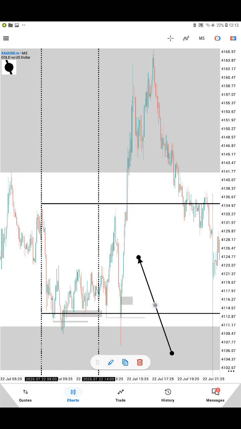You wake up, you analyze, wait for the liquidity sweep, and after finding your entry model, maybe you've seen an order block or fair value gap, just put a pending order with a stop loss and a take profit, and then go. Just leave. Do something else, brother.